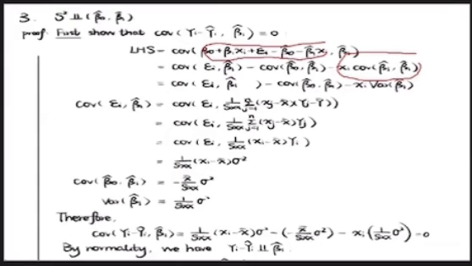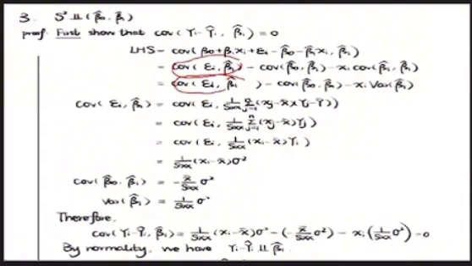Now, the next thing is, let's take a look at them one by one. This guy is still this guy, right? This guy is still this guy. But you know what?